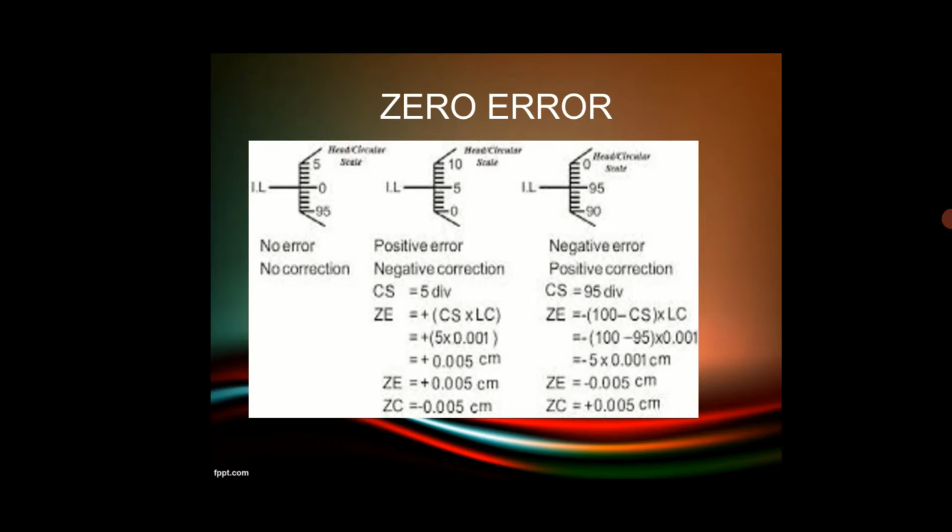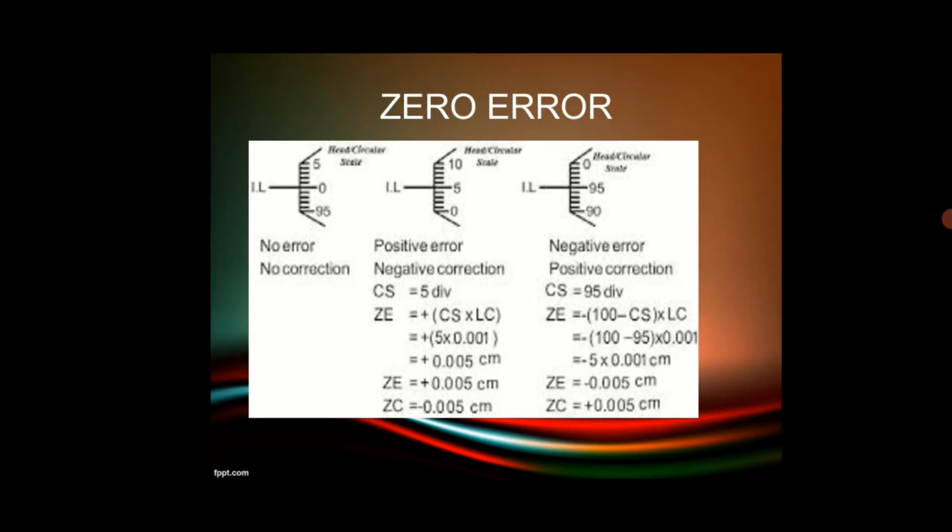Here the error is positive and zero error value is equal to circular scale division into LC. 5 is the coinciding circular scale division here. So 5 into 0.001 centimeter. Zero error is plus 0.005 centimeter. Hence the correction will be negative. Zero correction is equal to minus 0.005 centimeter.